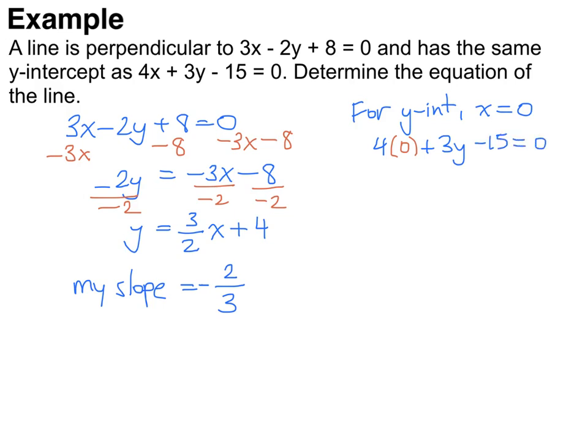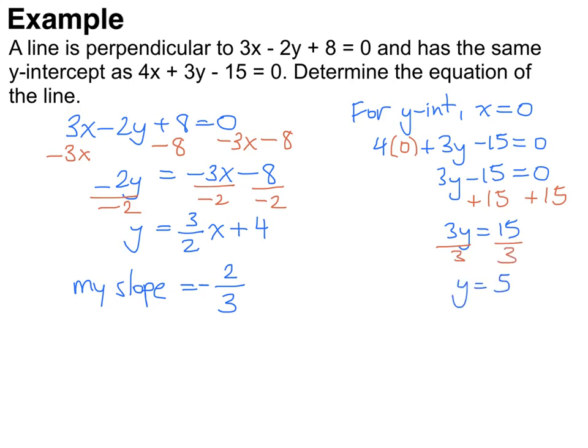So the 4 times 0 is 0. We're left with 3y minus 15 is equal to 0. And we're just going to solve that very quickly. We're going to add 15 to both sides. So 3y is equal to 15. And then we're going to divide both sides by 3. So y is equal to 5.